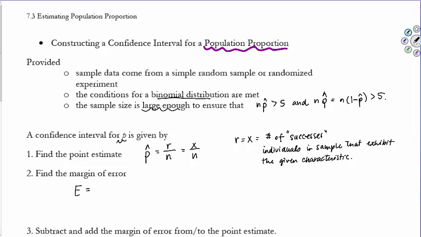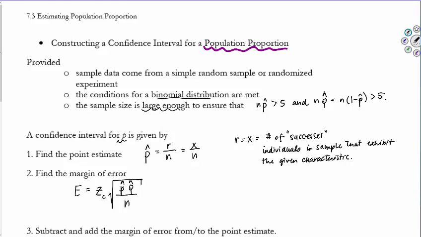We said the distribution of sample proportions is approximately normal, so we use a z distribution, a critical value of z times the square root of p hat times q hat divided by n. That's a measure of the standard deviation of this distribution, so it shouldn't be totally unfamiliar.